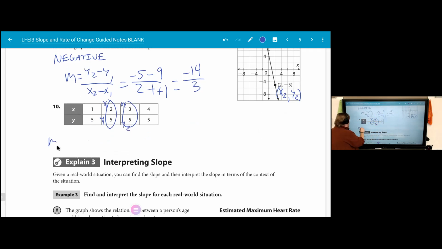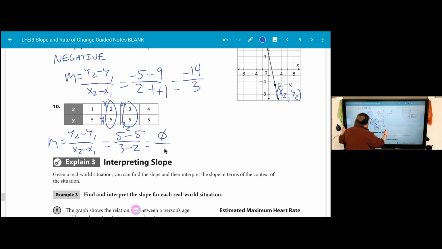M equals y2 minus y1 divided by x2 minus x1. If I've got y2, that's like 5 minus y1, which is 5. I see something interesting here already. I hope you do too. Divided by 3 minus 2. I end up with 0 divided by 1. Well, 0 divided by something that's not 0 is going to be 0.